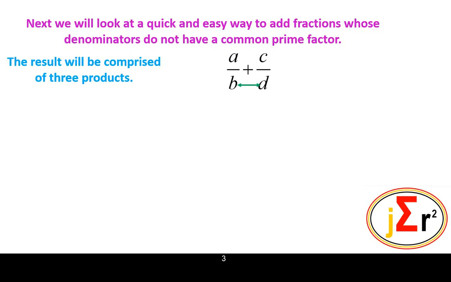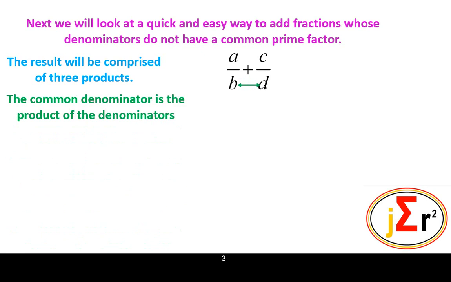The first one will be the common denominator, which will be the product of the 2 denominators. So the common denominator will be the product of the 2 denominators, and that will happen if the 2 denominators do not have a common prime factor.